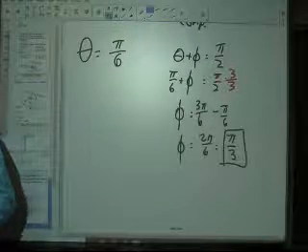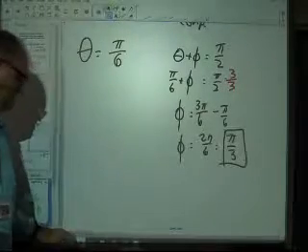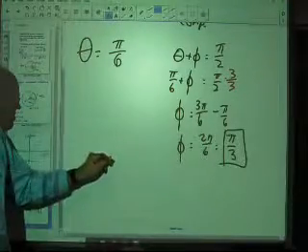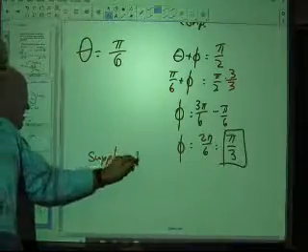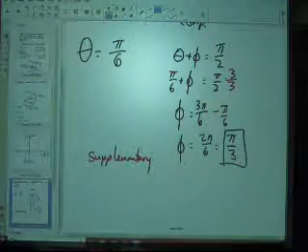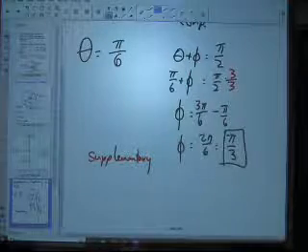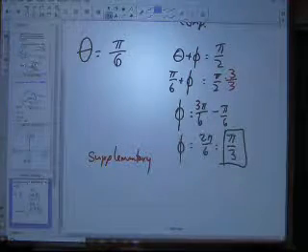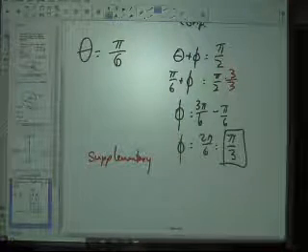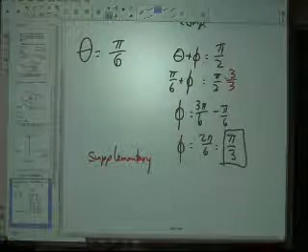I might use something like 5 pi over 12, or 7 pi over 18. I didn't say I was going to. That's still not that bad.